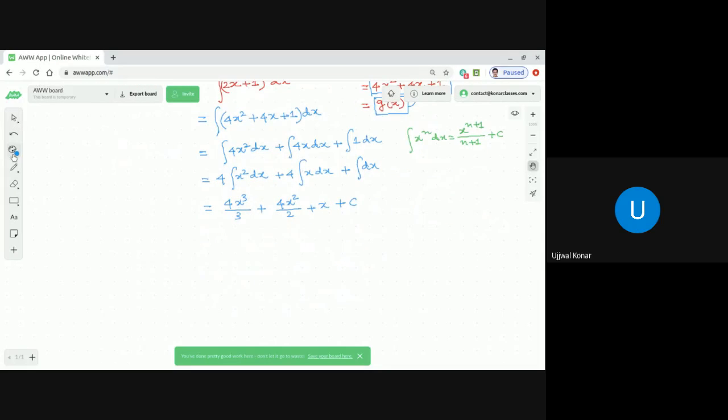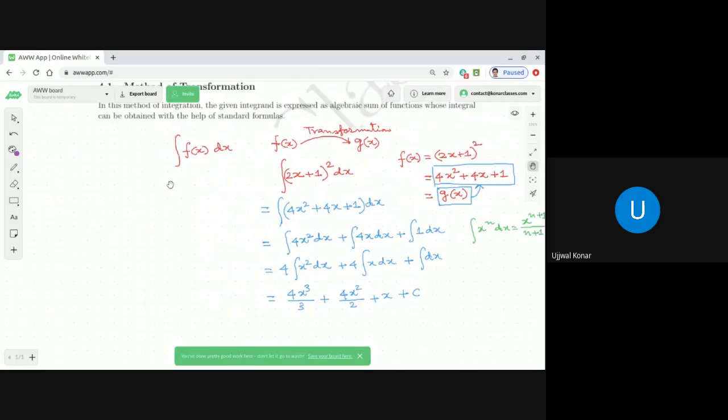So let me give you another example. We need to find the integration of cos square x by 2 dx.